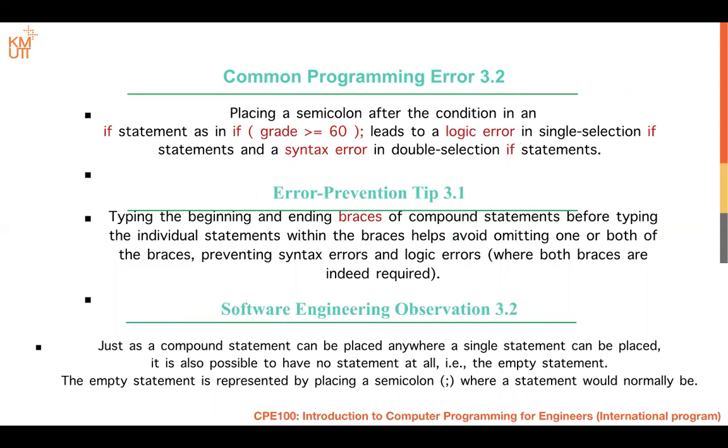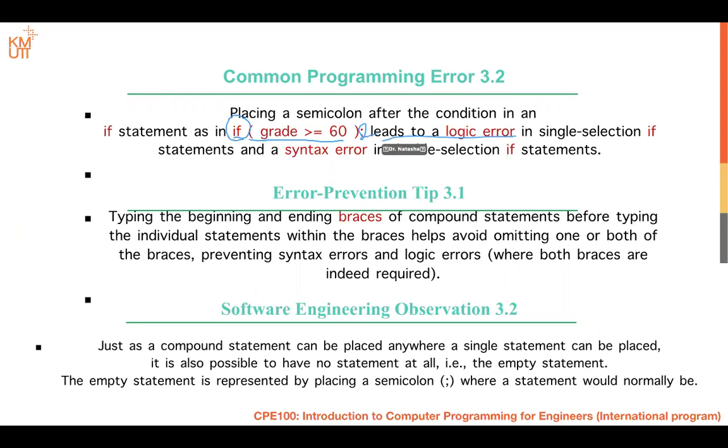Common programming error: placing a semicolon after the condition in an if statement. Okay, you have to be careful about this. When you are a beginner, you always write if and then grade and then you put a semicolon here. So what does it mean? It means that this statement will not be executed.